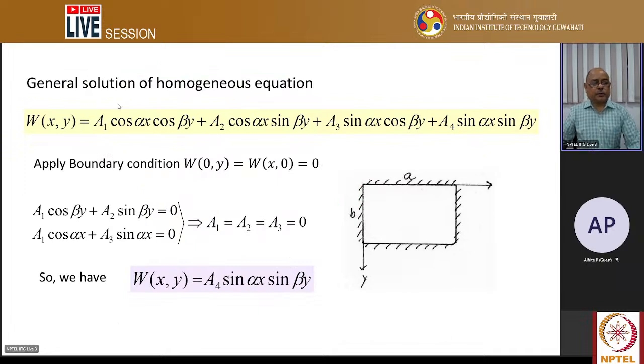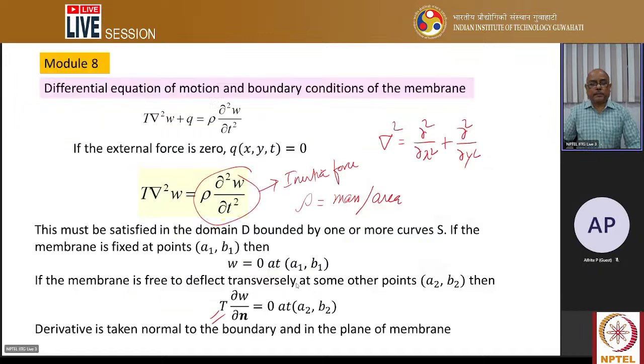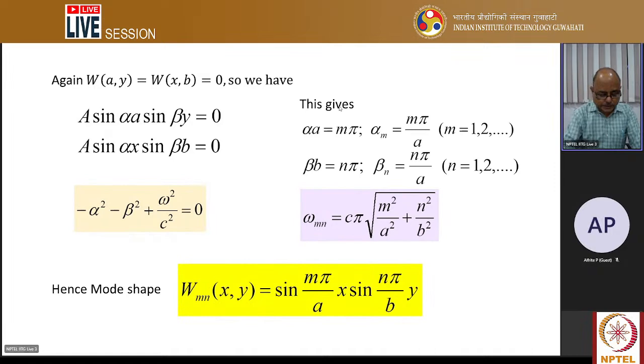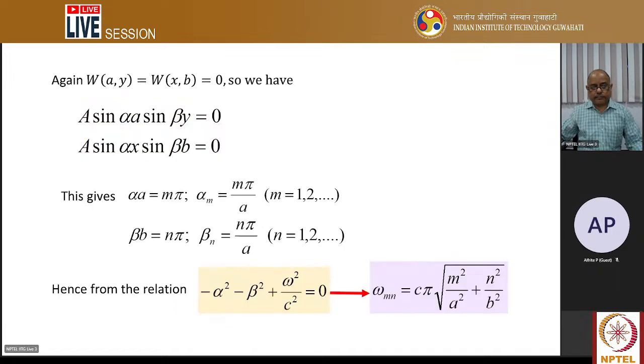We found the general solution of the membrane equation for free vibration, and mode shape was found as a combination of two sine functions, sine alpha x, sine beta y. And as a result, we get the frequency parameter as omega mn. Here, two indices are assigned.